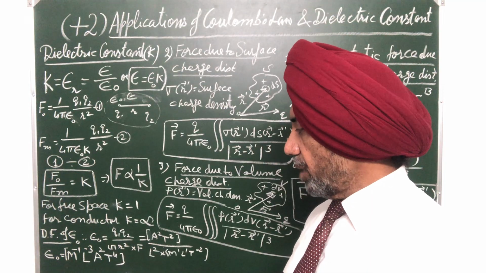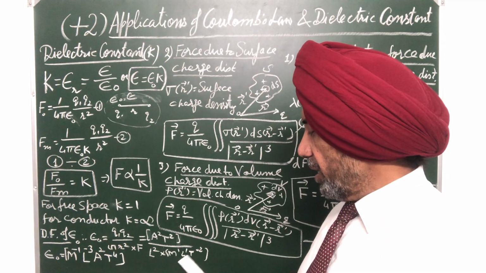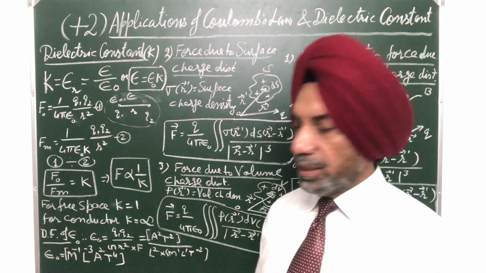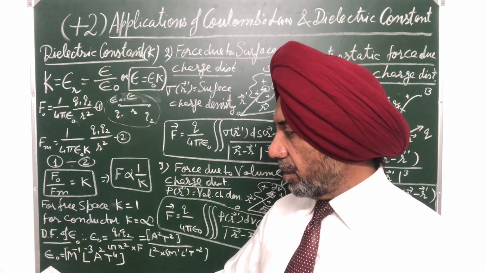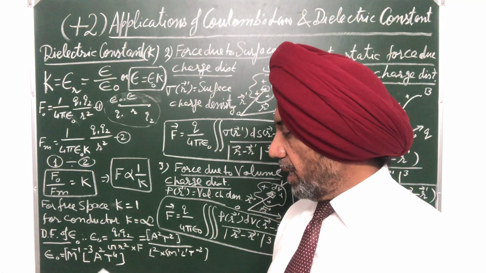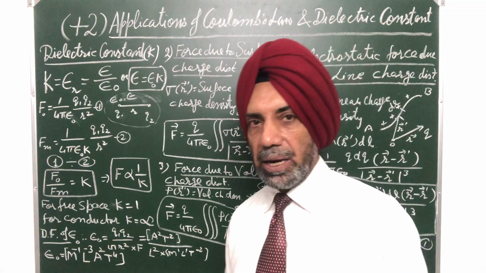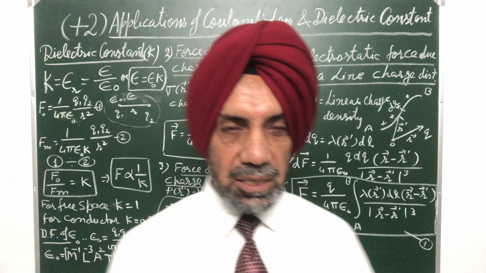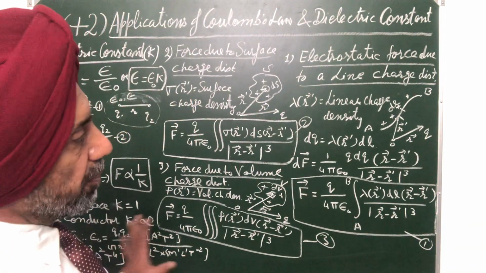Length square will be L square, because 4 pi has no units. Force is M1 L1 T minus 2. If we simplify it, the dimensional formula of epsilon naught will be [M minus 1 L minus 3 A2 T4]. So sometimes you may be asked to derive or obtain the dimensional formula of epsilon naught.